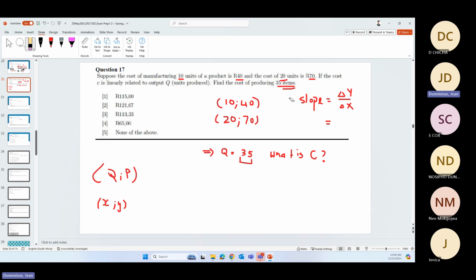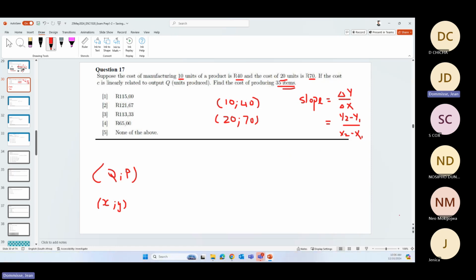Okay, so slope is the change in y, which is y2 minus y1 over x2 minus x1. So let's just take that away.